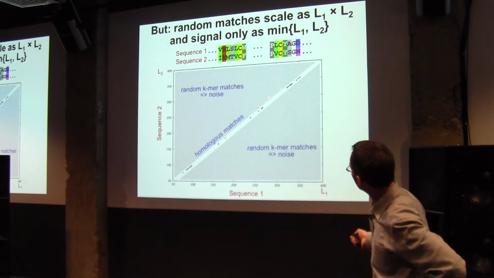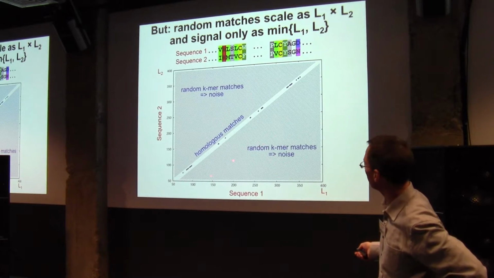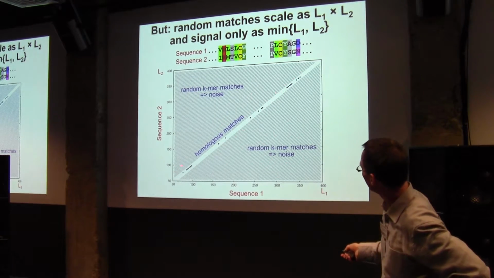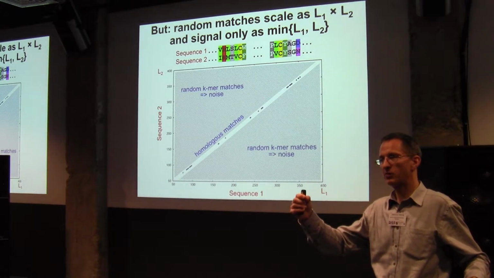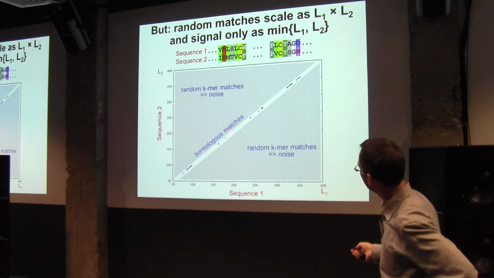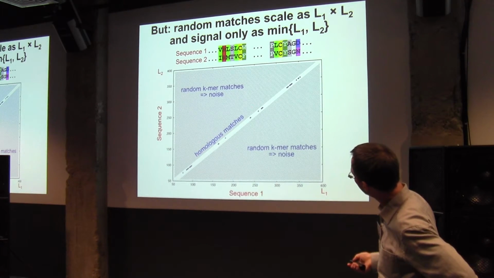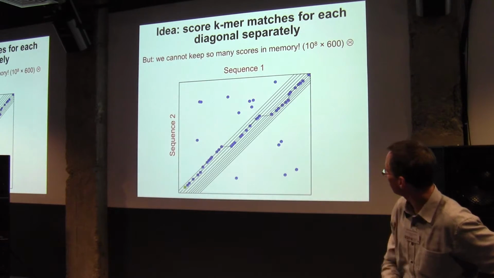But we're still accumulating noise over those hatched regions here, whereas our signal comes only from a linear region. So our signal grows proportional to the length of the alignment, but the noise grows quadratically. That's not very nice. So we thought, how can we make this more sensitive, more specific? And the idea is actually, first we thought we have to score diagonals.